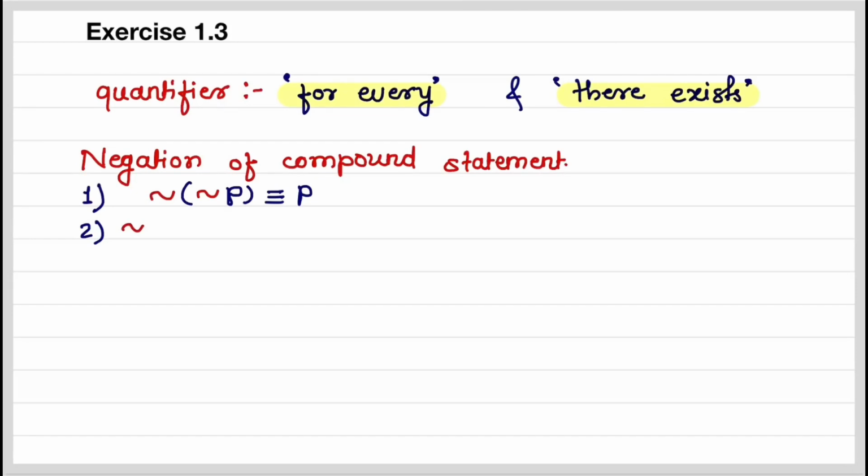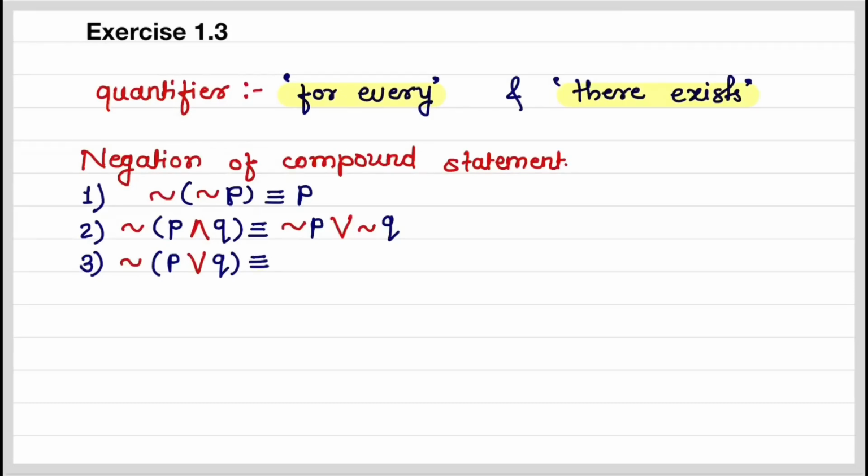Second is negation of conjunction, that is, negation of (P and Q) is equivalent to negation of P or negation of Q. Third is negation of disjunction, that is, negation of (P or Q) is equivalent to negation of P and negation of Q. These two are known as De Morgan's laws.